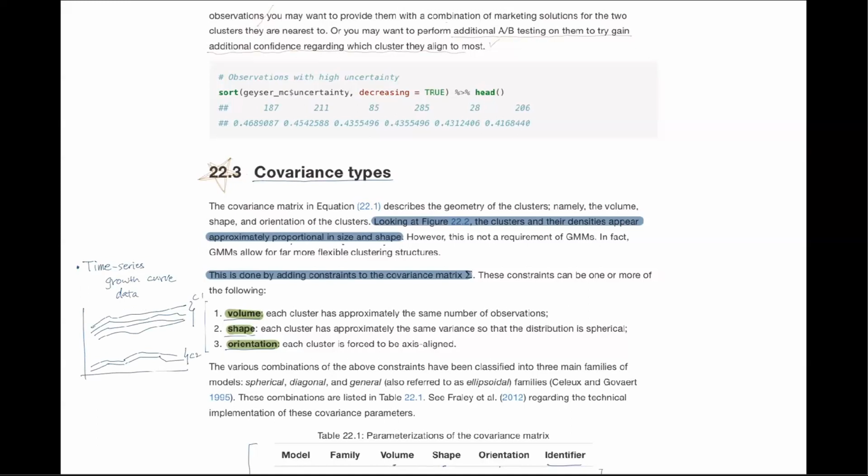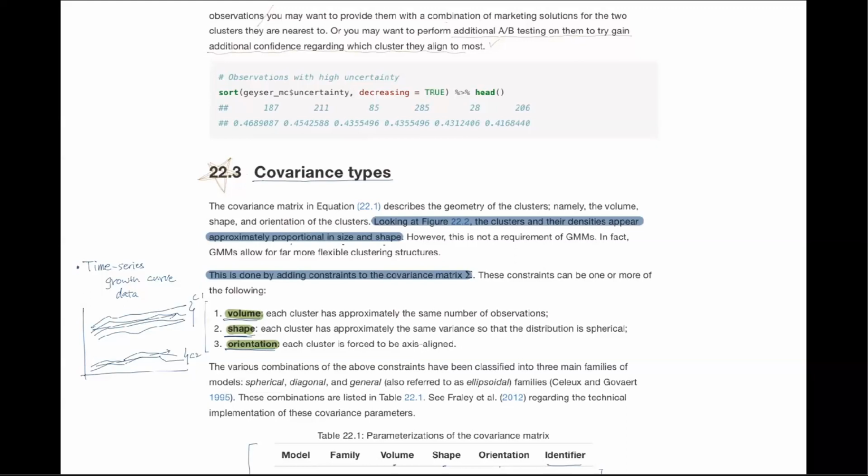So this may be related to the shape or the orientation, like the trend outcome characteristic.